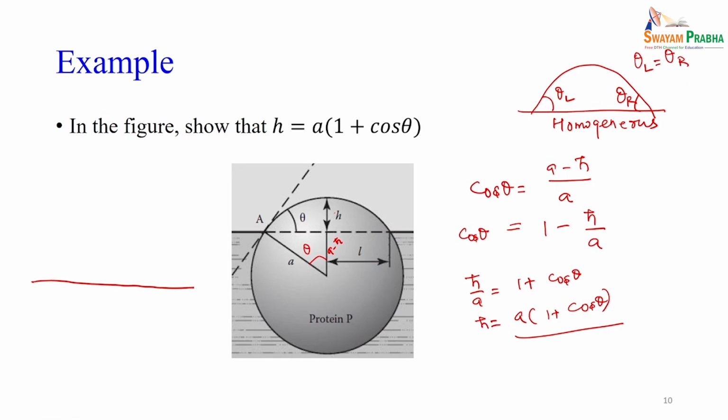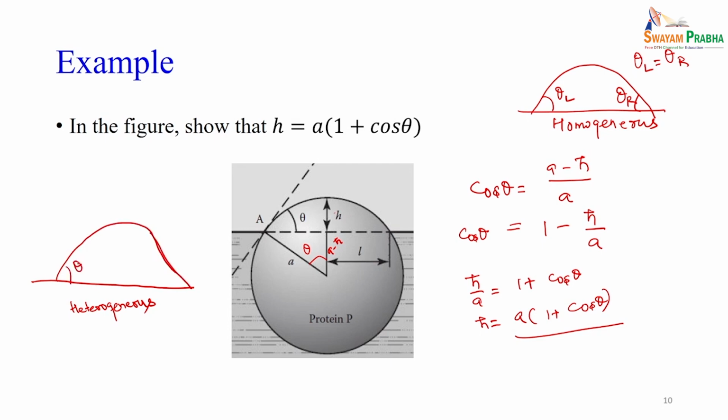But if you have a heterogeneous surface, in that case the contact angles on the left and right side may not be the same, it may come like this.